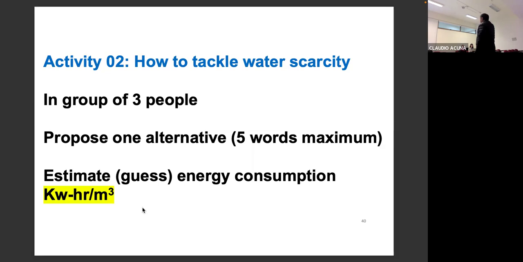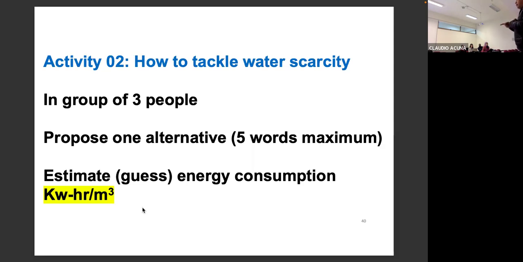Then when I started with reverse osmosis, I worked for an American company, back in 1997, 1998. At that time, in the commercial plants, the energy consumption was 6.5. Because they use the discharge, which is the brine, that has a lot of pressure, in turbines, Pelton turbines, and you recover energy.